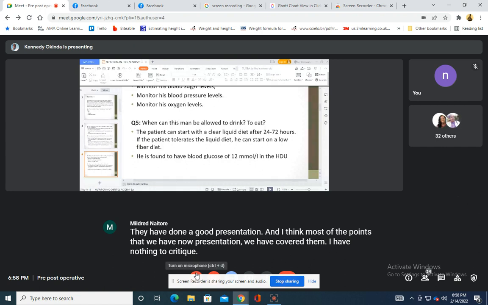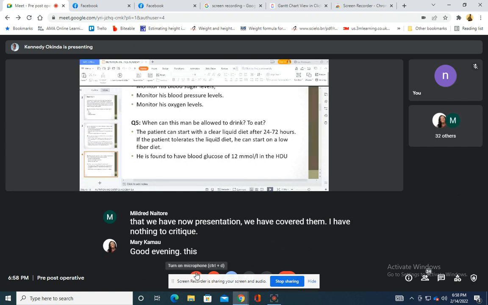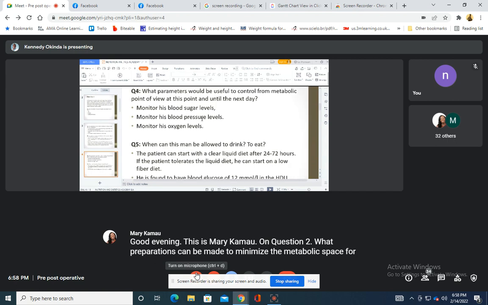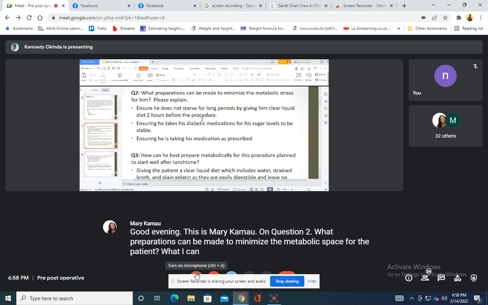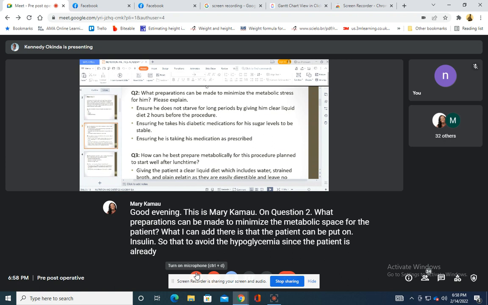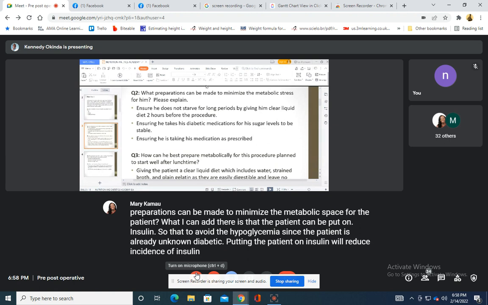Good evening. This is Mary Kamau. On question 2, what preparations can be made to minimize the metabolic stress for the patient? What I can add there is that the patient can be put on insulin so as to avoid hyperglycemia, since the patient is already non-diabetic, putting the patient on insulin will reduce incidence of insulin resistance.